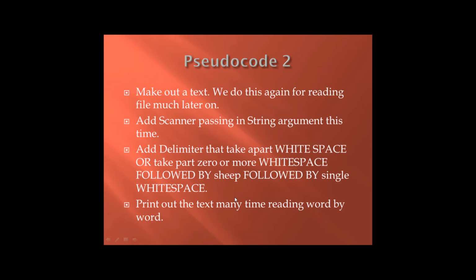Then we're going to add the delimiter that takes apart the white space, or we're going to take apart zero or more white space followed by sheep followed by a single white space. Now I'm going to try to explain the delimiter as best as I can, and this is very important. Print out the text many times, reading word by word, okay? So we're going to do that next.